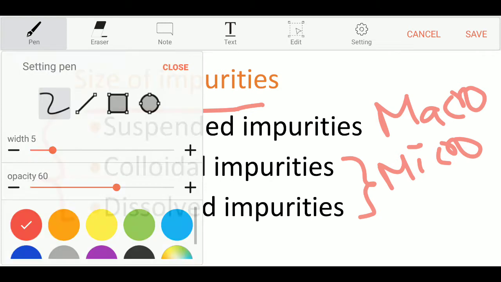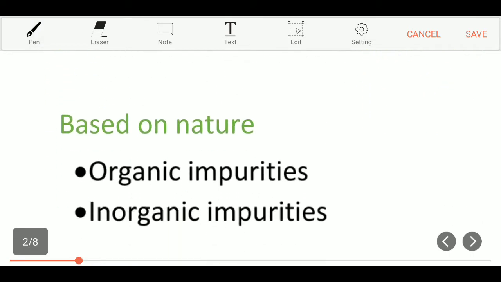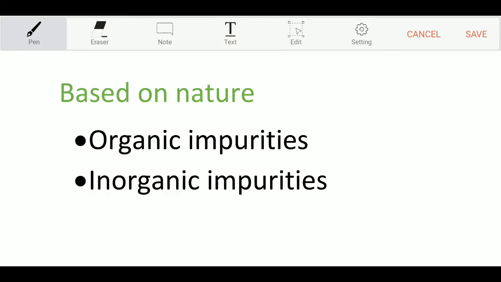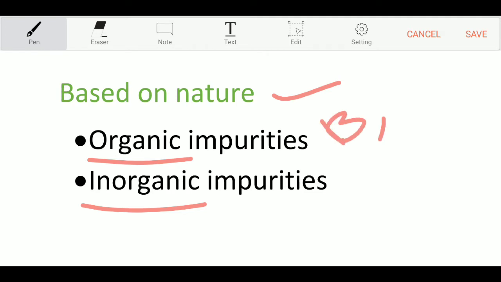And the other one is based on nature. There are two types: organic and inorganic impurities. What are organic impurities and what are inorganic impurities? The organic impurities are bacteria and fungus, which are harmful to humans.